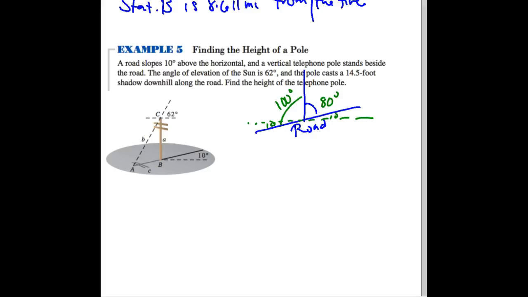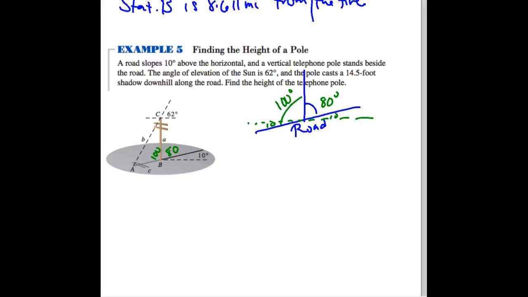All right. So looking at my picture, this is my 80-degree angle here, which means angle B here is the 100 inside the triangle. Okay. So looking at triangle ABC, the pole is vertical. The base down here is the shadow.